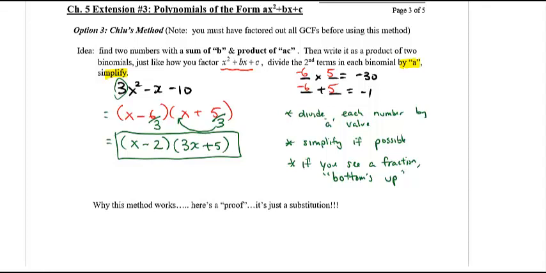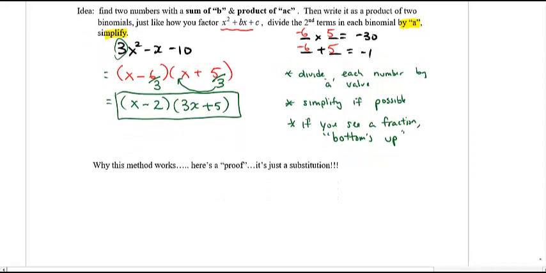Now, the question is, why does this work? So let me show you a proof. Okay. It's really just an idea of substitution. So we started with 3x squared minus x minus 10. Here's what I want us to do. Multiply by 3 and also divide by 3.